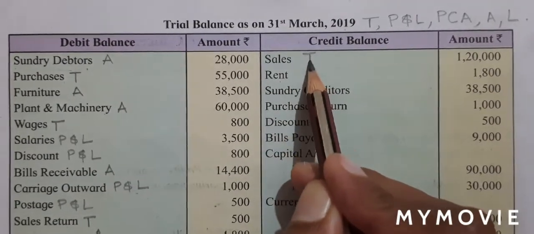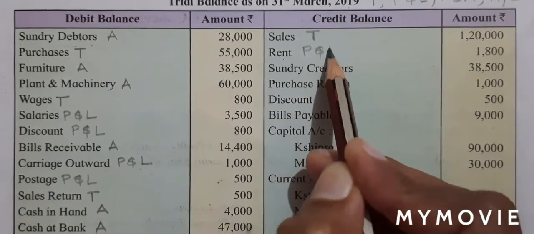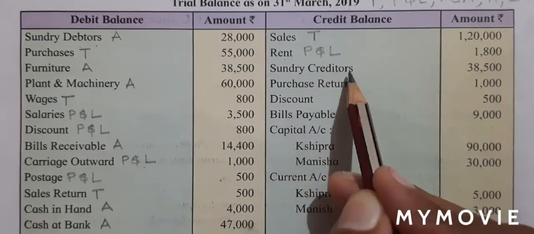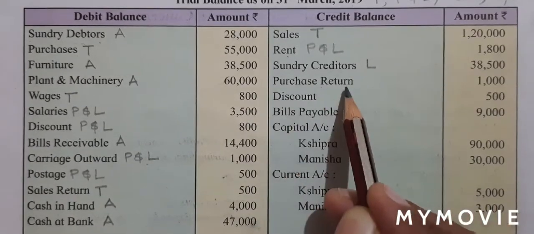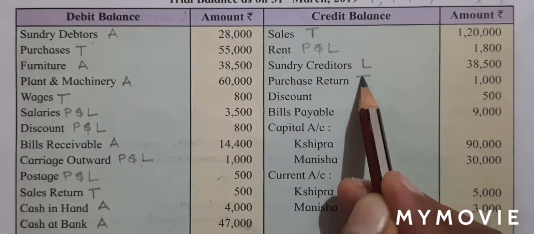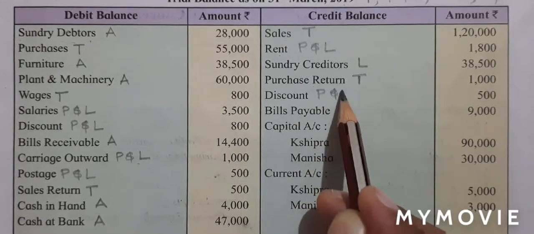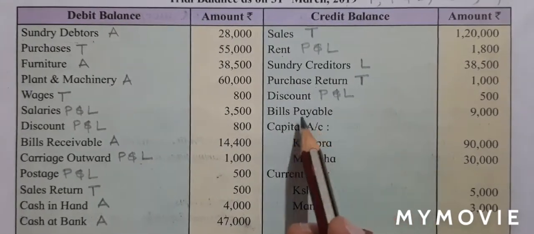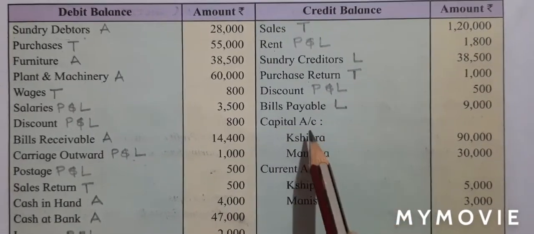Sales, trading. Rent, profit and loss account. Sundry creditors, liability. Purchase return, trading account. Discount, profit and loss account. Bills payable, liability.